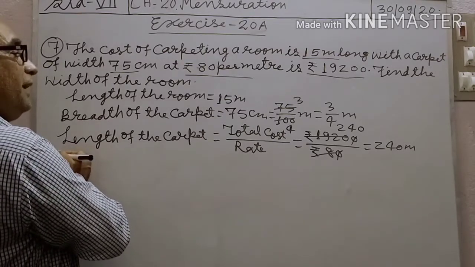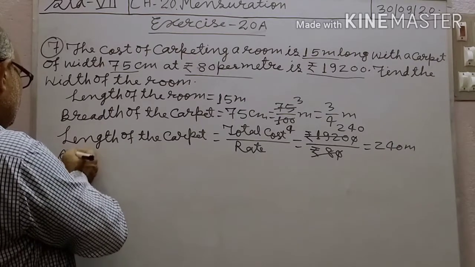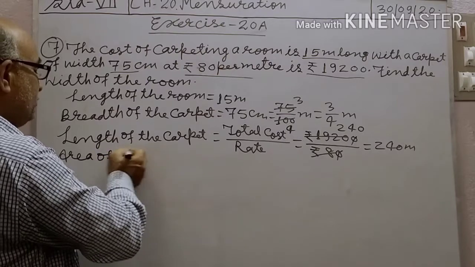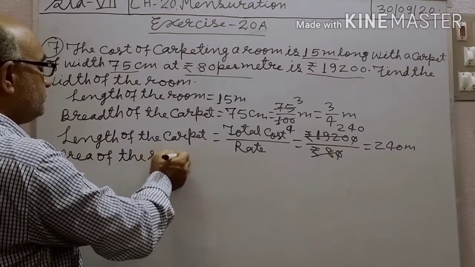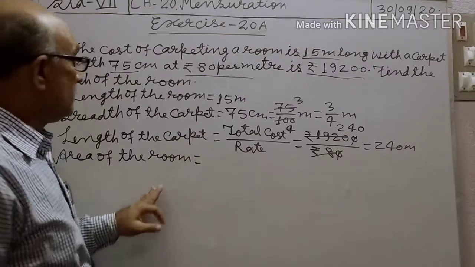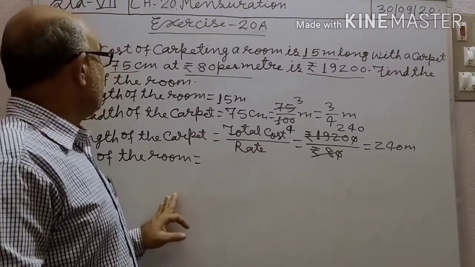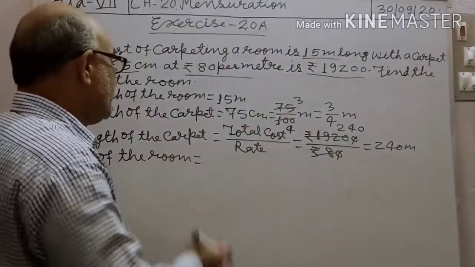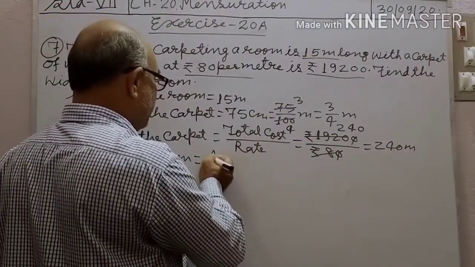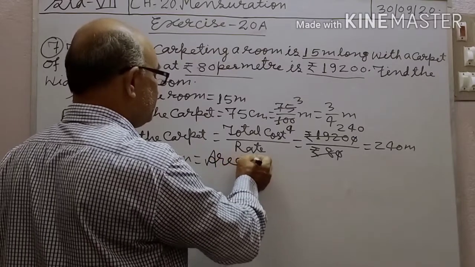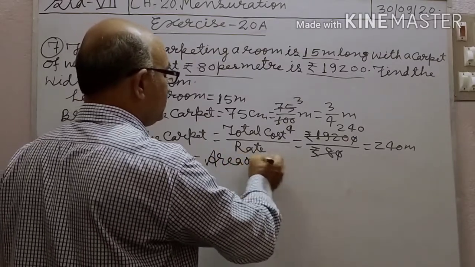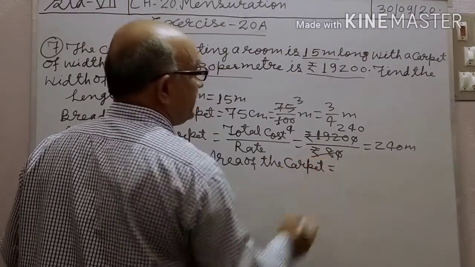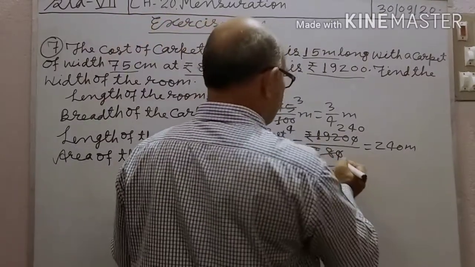So area of the room. Since the carpet is laid on the floor of the room, area of the room equal to area of the carpet. Area of the carpet equal to length into breadth.